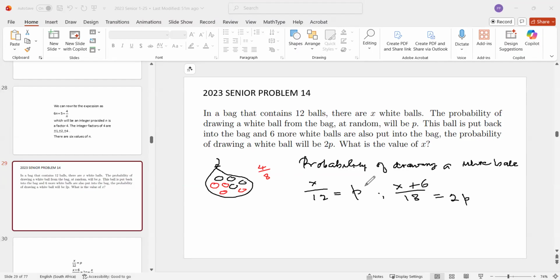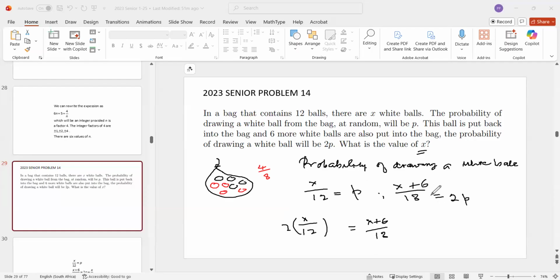So now you have 2 equations with 2 unknowns, P and X. The question is, what is the value of X? The way to do that is to eliminate the P. So 2P is equal to (X plus 6)/18.